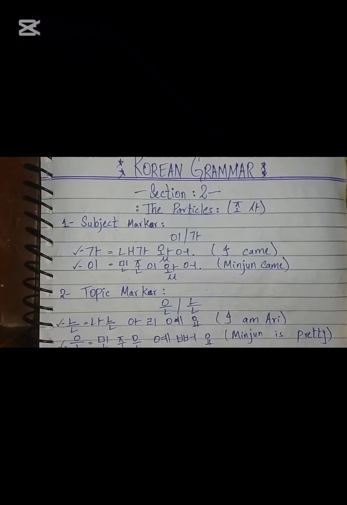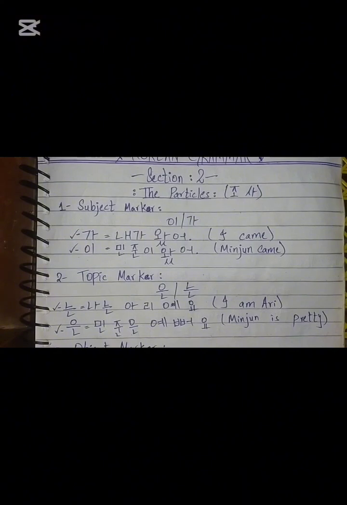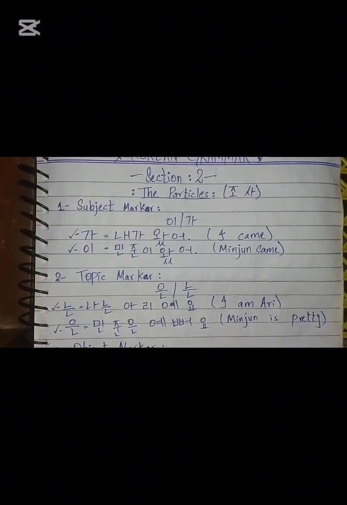So let's get started. The topic of today's lesson is the particles. In section number 2 we have the particles, which are josa, and the particles are literally the non-negotiable part of Korean. They are the main core and play a vital role in Korean.